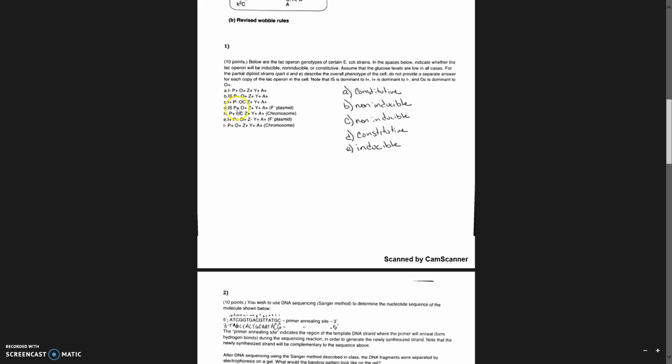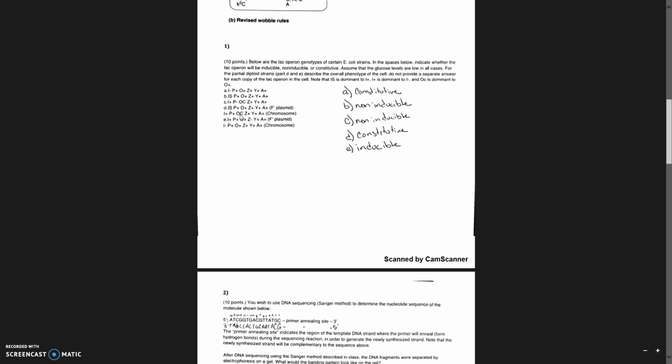So for this F plasmid, we have polymerase active, and we have a binding site active, so it's going to grab that mutant repressor, and is never going to be able to be inducible. But this chromosome part, if you notice here, the binding site for the repressor is not active essentially.